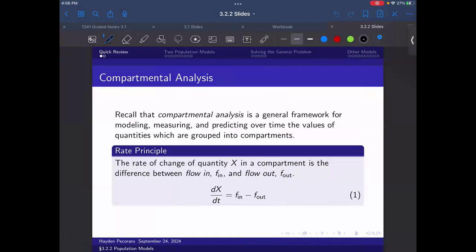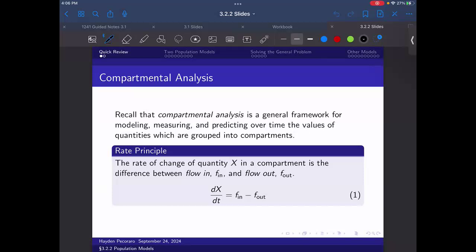We drew graphs and, wait till we're ready. Okay. So compartmental analysis is that general framework where we drew graphs and then we assigned a quantity to each node in the graph, and the arrows gave us the flows in and out of those nodes.